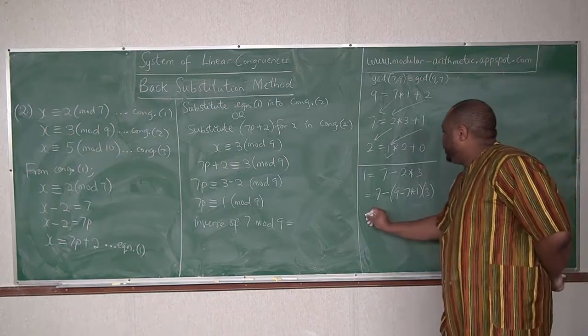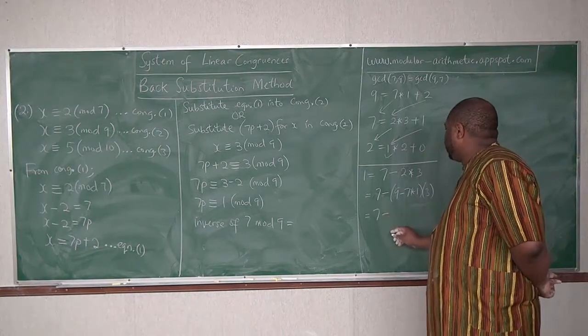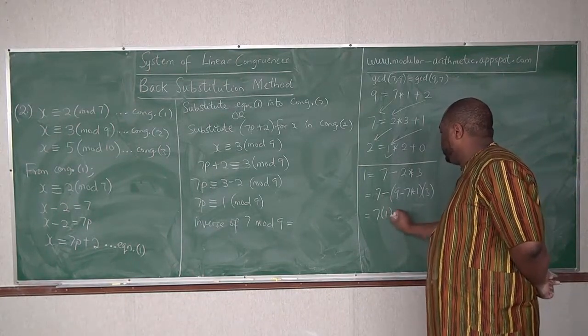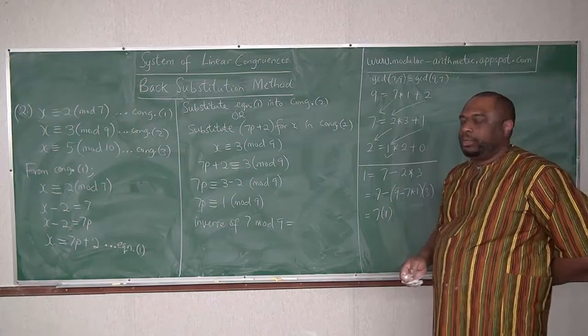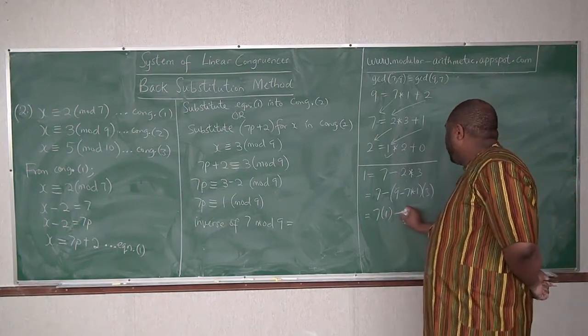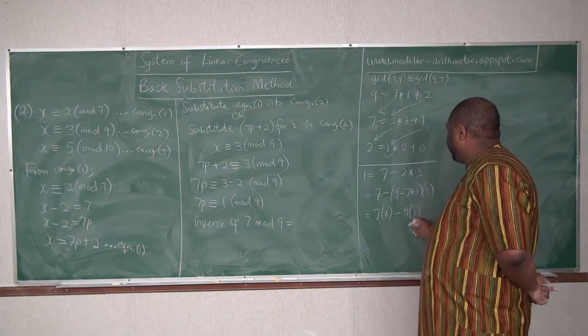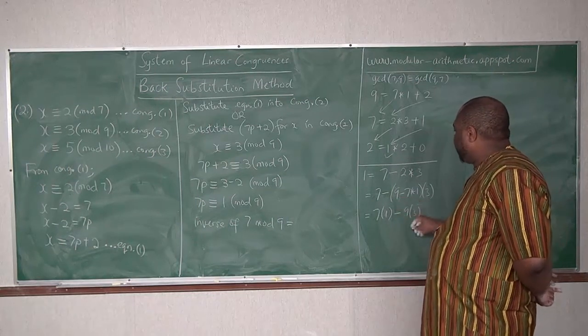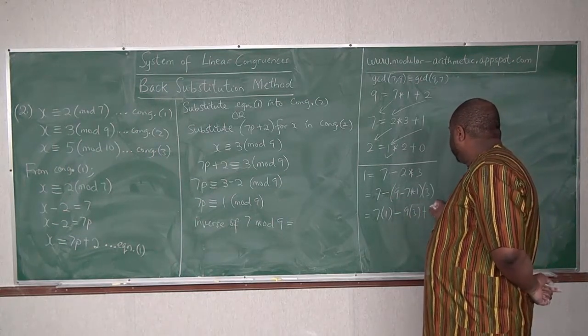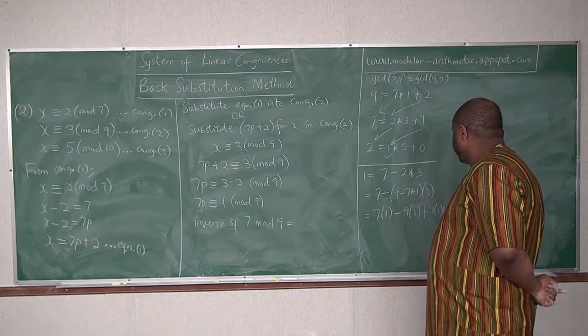So this is 7 times 1 minus 9 times 3, then minus times minus plus 7 times 1 times 3.